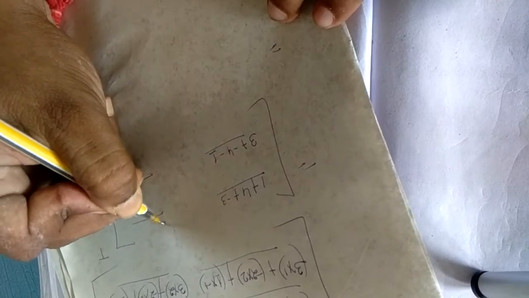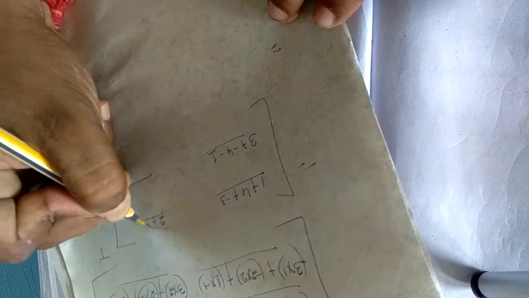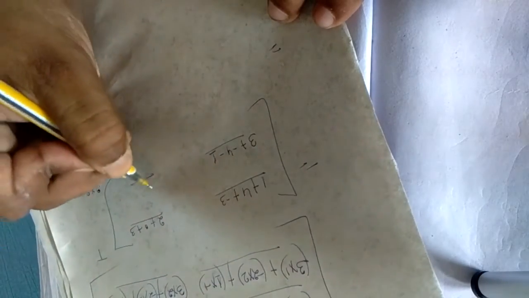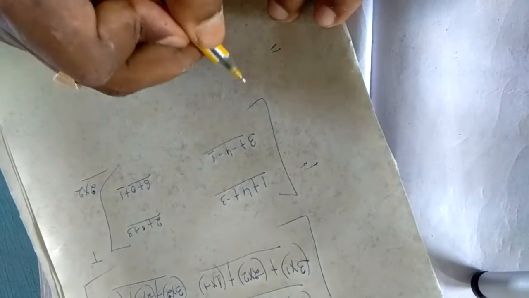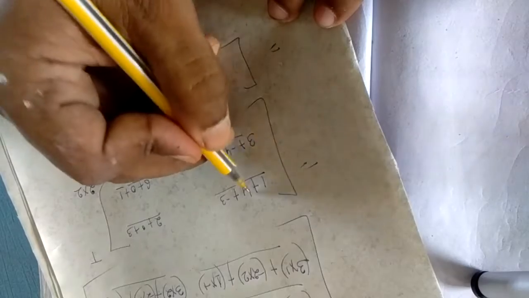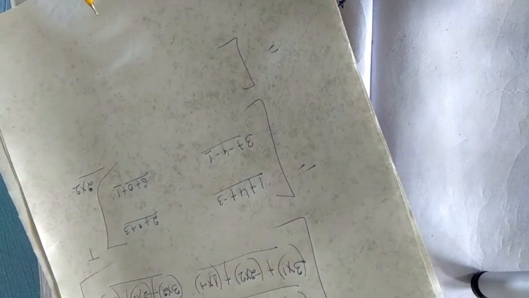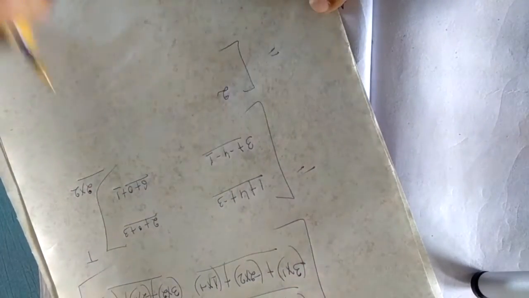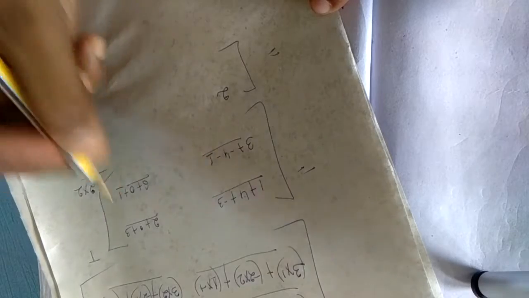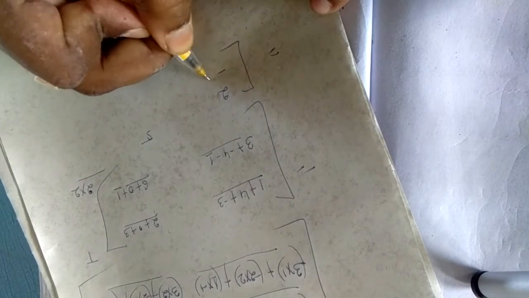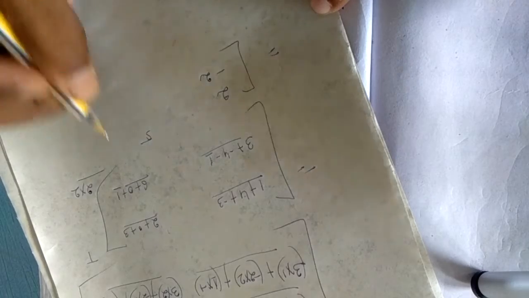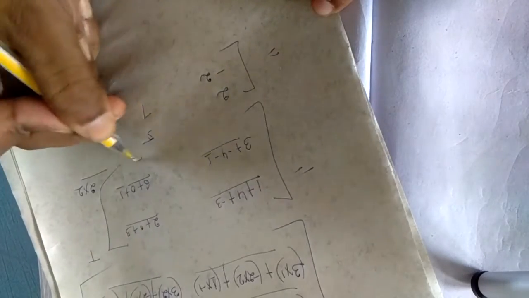Similarly 2 plus 0 plus 3, 6 plus 0 plus 1. So 4 plus 1 is 5, 5 minus 3 is 2. 2 plus 3 is 5. 3 minus 5 is minus 2. 6 plus 1 is 7.